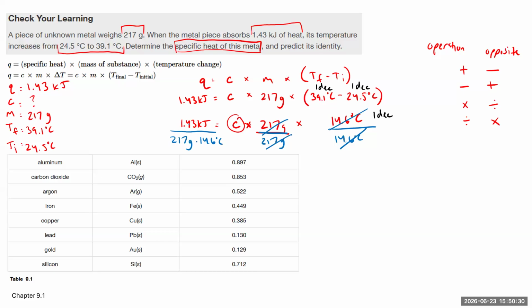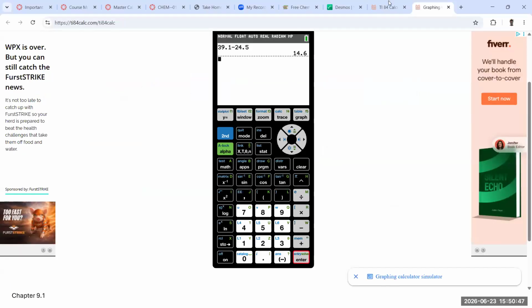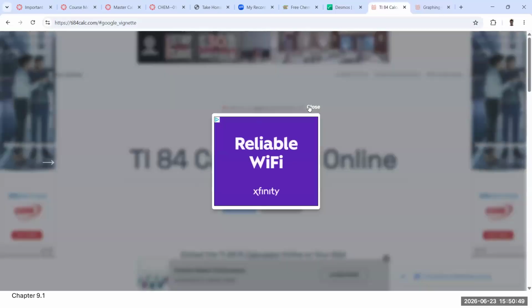Here we see 1.43 kilojoules over 217 grams times 14.6 degrees Celsius. So let's do this in the calculator, and we'll move it down here. We have to keep track of those units.